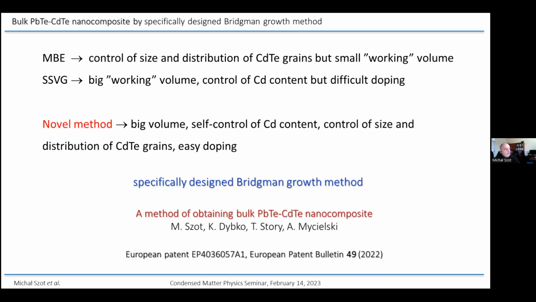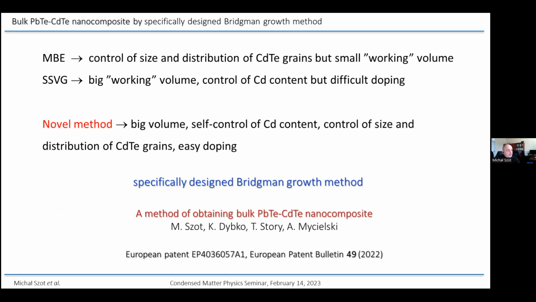So let me summarize a little bit. We have the molecular beam epitaxy method in which we can control well the distribution and sizes of cadmium telluride grains. We can also dope these samples, but they have very small working value. We have the self-selecting vapor growth method.